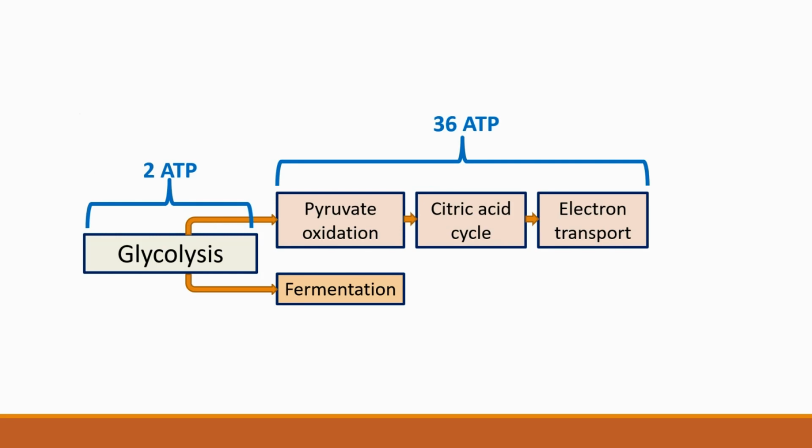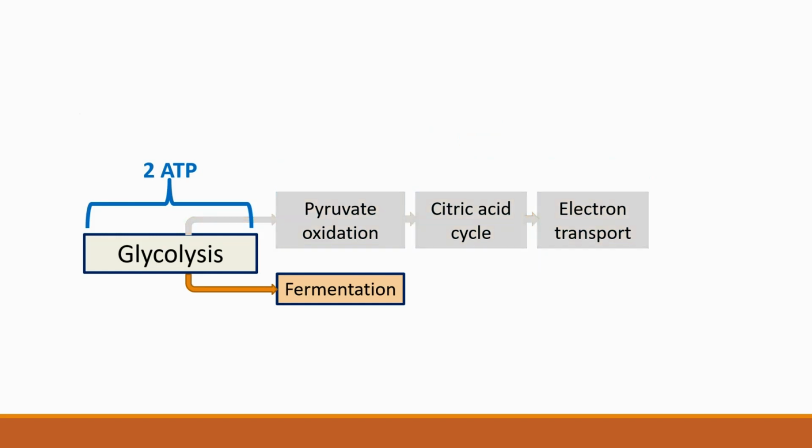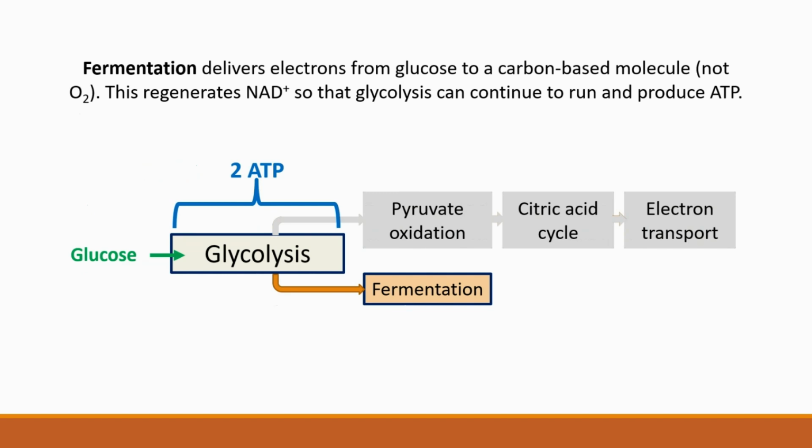And the beautiful thing about aerobic cellular respiration is we're getting so much ATP out of the process here. The process makes 2 ATP in glycolysis and 36 in the last three steps, mostly from the electron transport chain. Well, fermentation has created a workaround without oxygen to regenerate NAD+, so that glycolysis can continue.